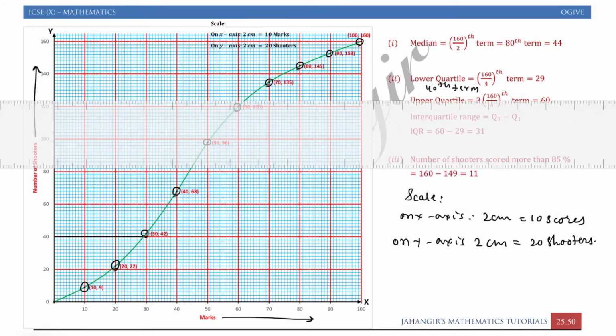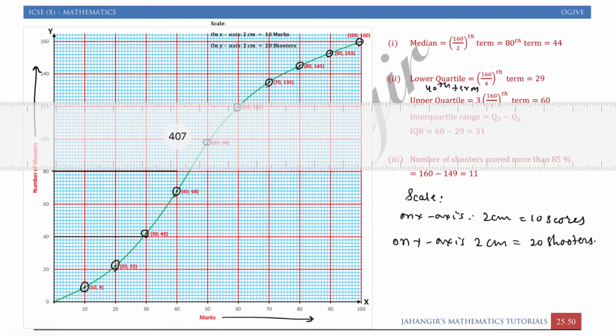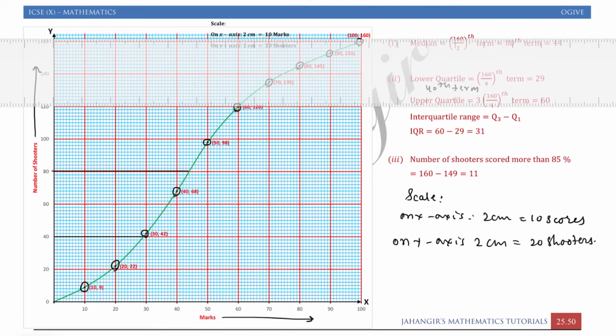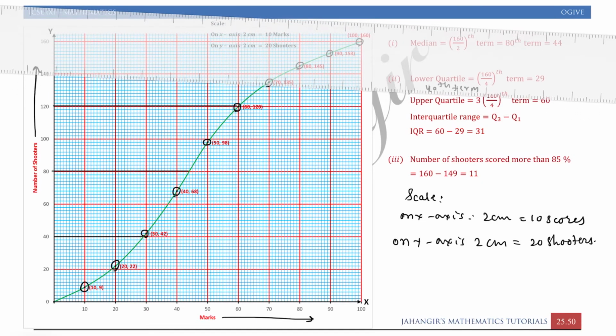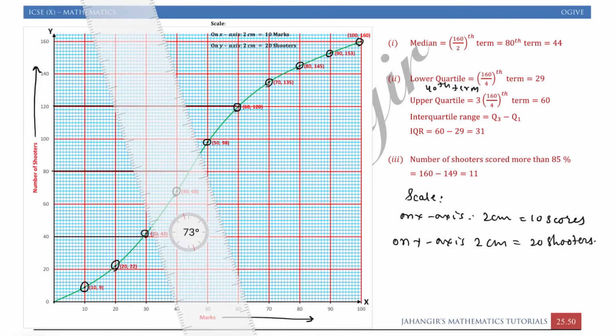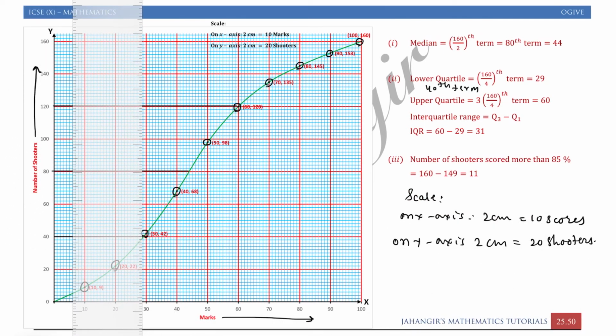For median I have to draw a line on 80. First I will draw all horizontal lines, and then I have to draw a line on 120. Once your horizontal line is done, we can now draw the vertical line. Lower quartile is 29 as you can see.